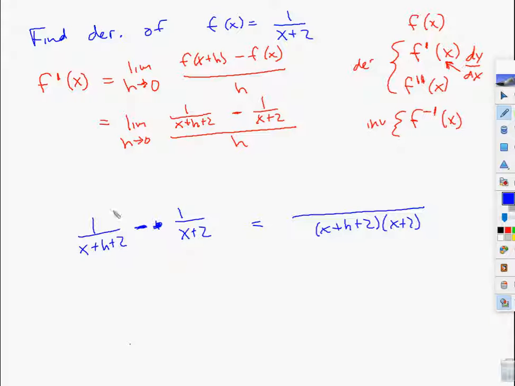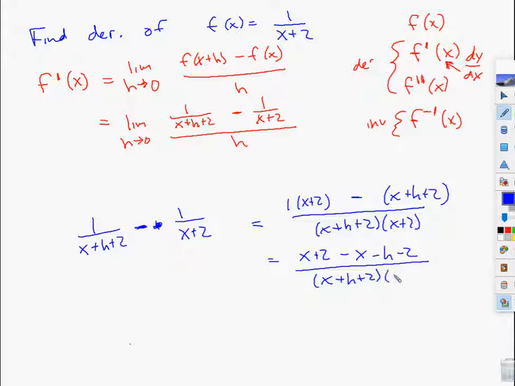And I see that to get that denominator with this fraction, I need to multiply that 1 times x plus 2, minus, to get that denominator, I need to multiply this fraction by x plus h plus 2. Do you remember how to combine fractions? You good? Okay, so I'm going to go ahead and simplify this numerator. And I get x plus 2 minus x minus h minus 2 all over. I'm not going to bother expanding this just yet.